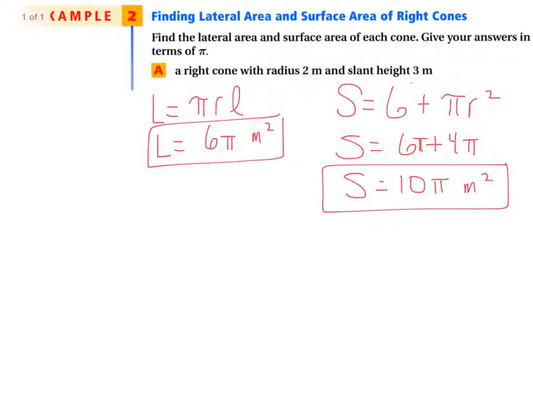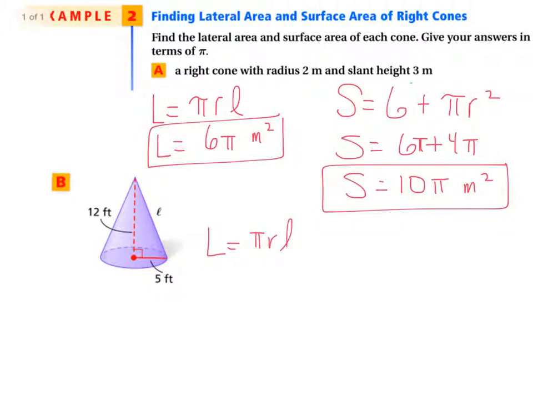Pretty easy. So in example B, which is going to show up here in just a second, we have a radius of 5 and an altitude of 12. The first thing I need to do, find pi r L. Here's the problem.